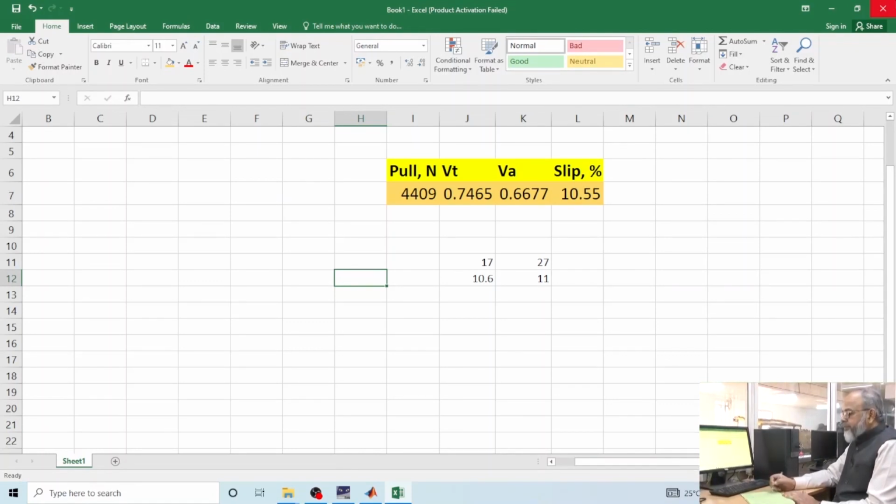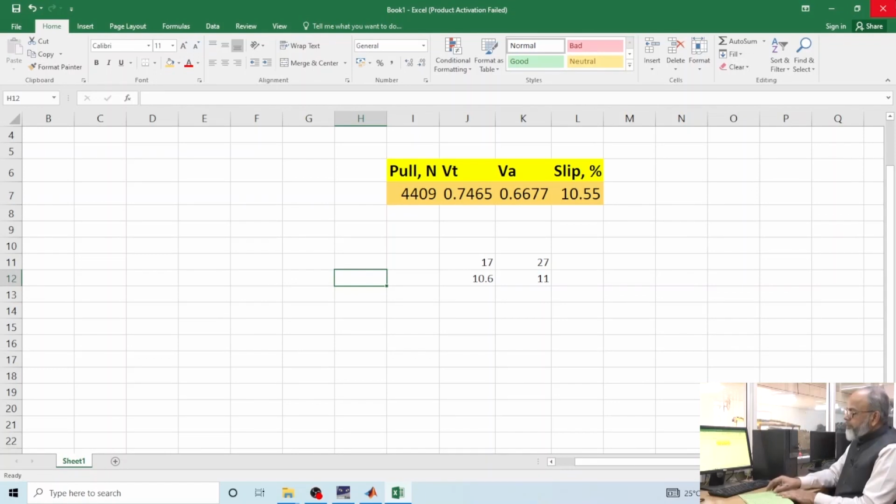That will give you the number of revolutions per second. 2 pi r gives the distance travelled in one revolution, multiplied by the number of revolutions per second. That gives the theoretical velocity, which comes around 0.7465.